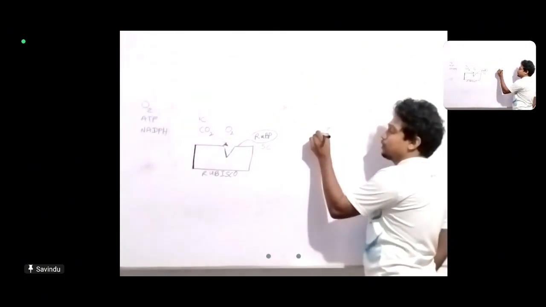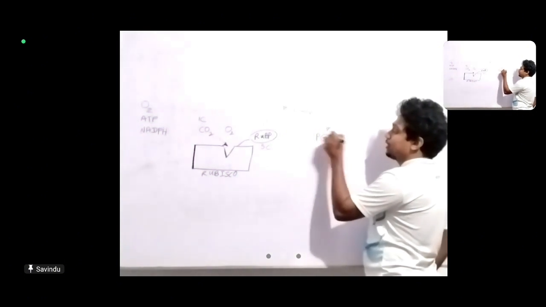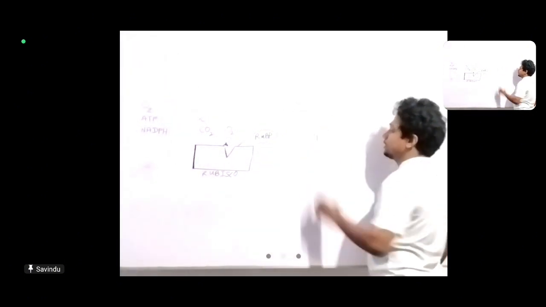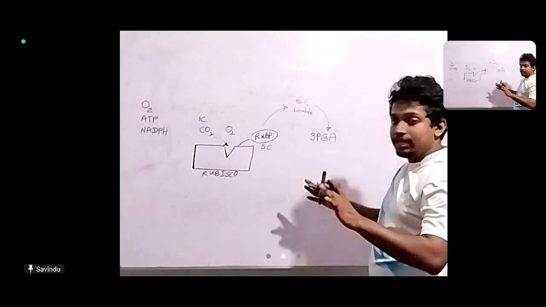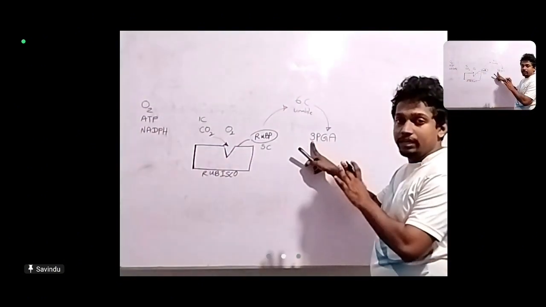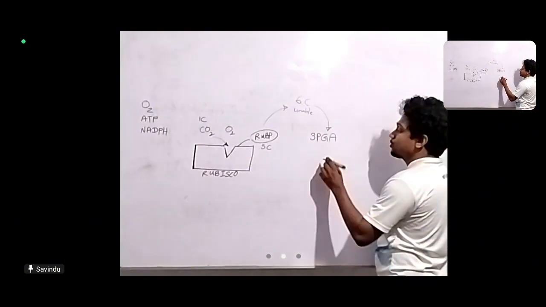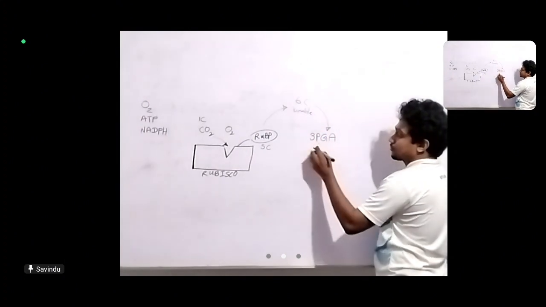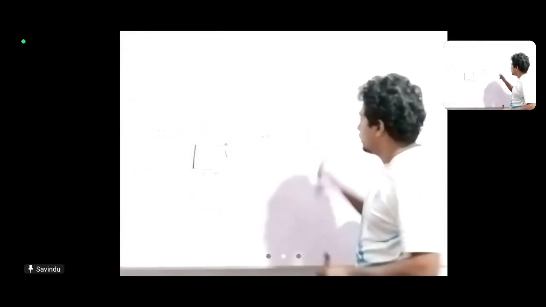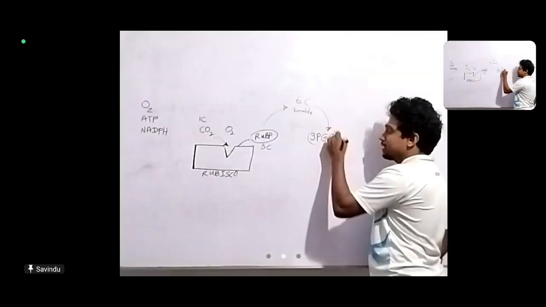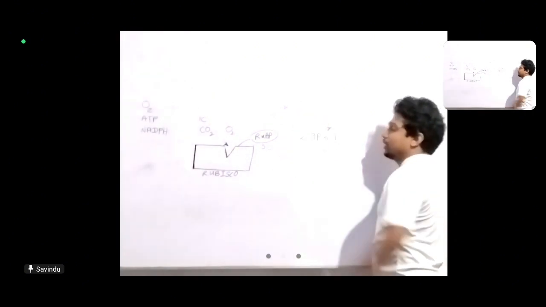We call them 3-phosphoglycerate. The 3 in this name does not relate in any way to the carbon amount. How many 3-phosphoglycerate? 3-phosphoglycerate is a 3C, so we need to make 2.